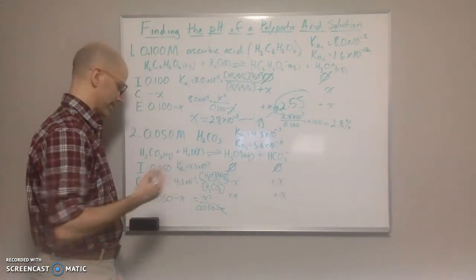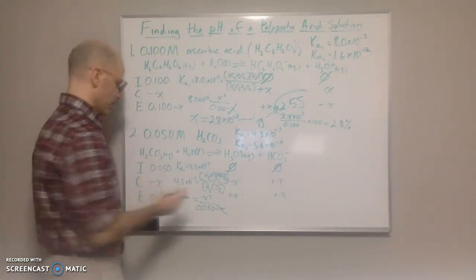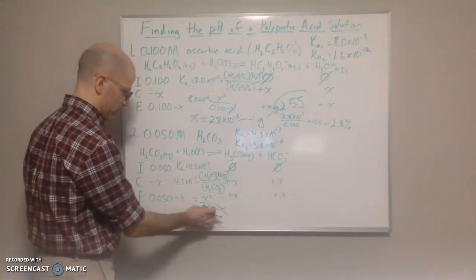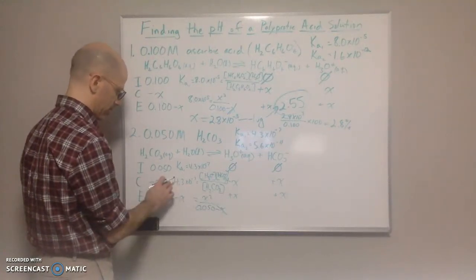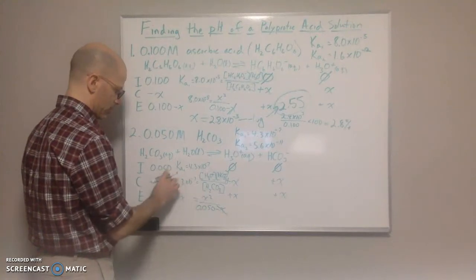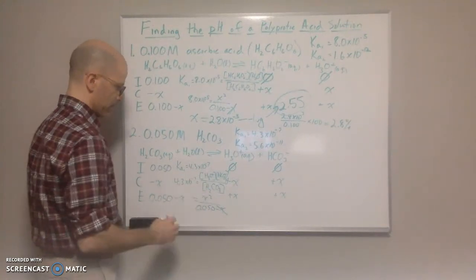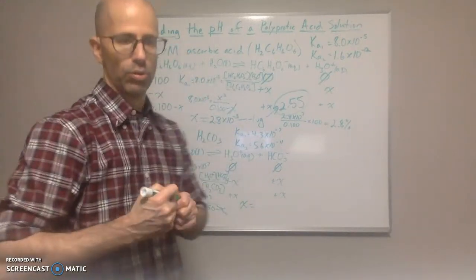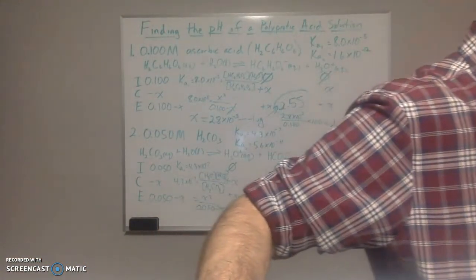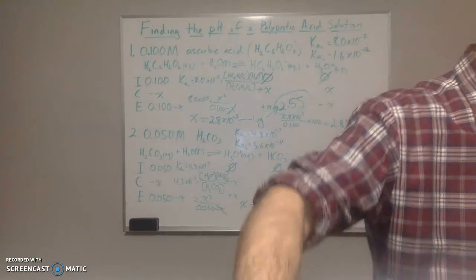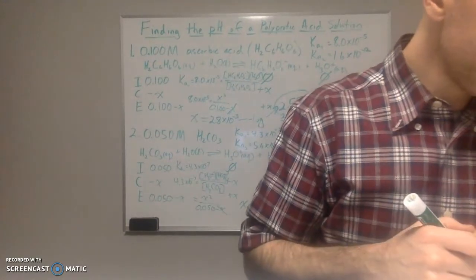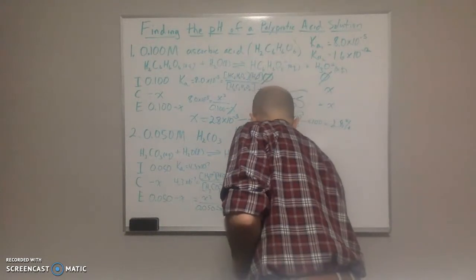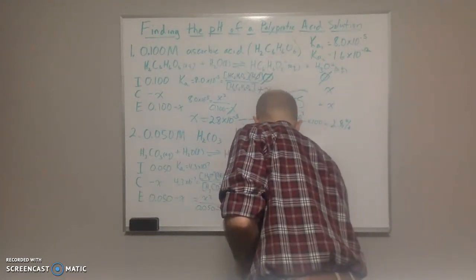Now all I need to do is multiply 0.050 by both sides. So I'm going to multiply it here and here, and then square root the answer. And then when I do that, I get x is equal to 1.466 times 10 to the negative 4.